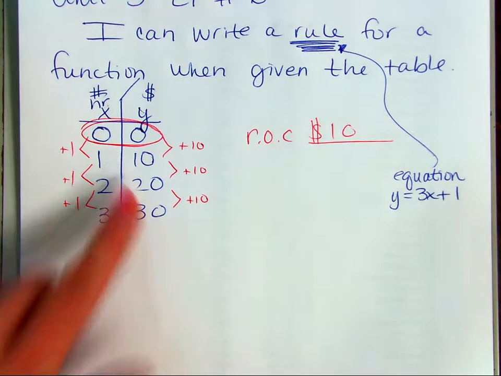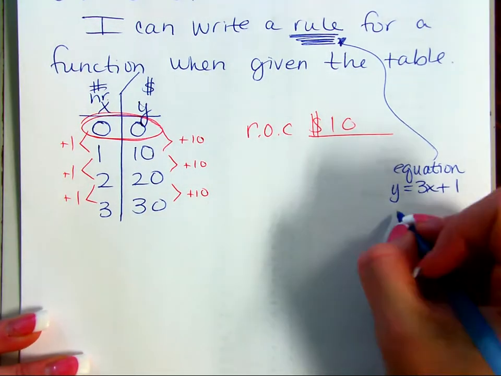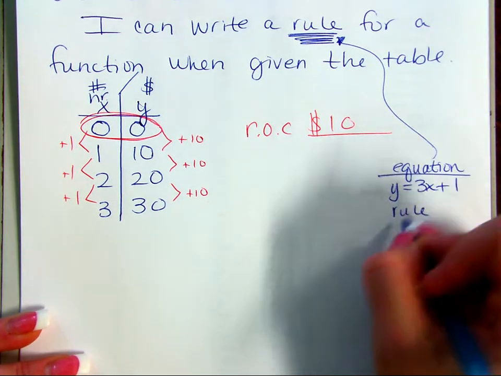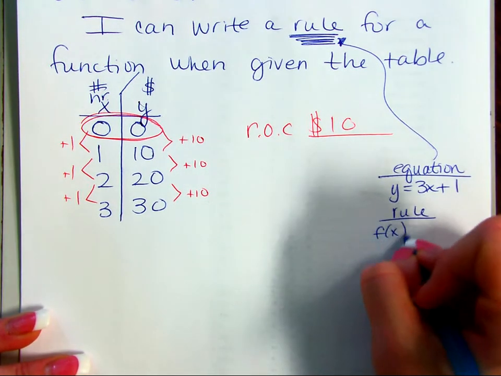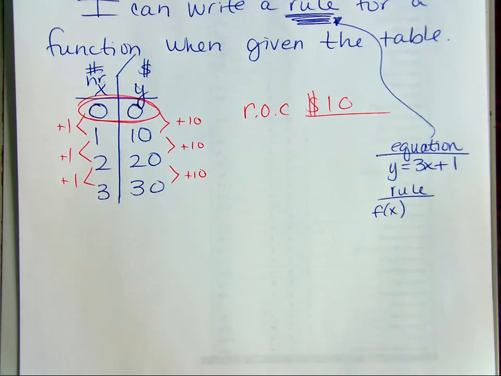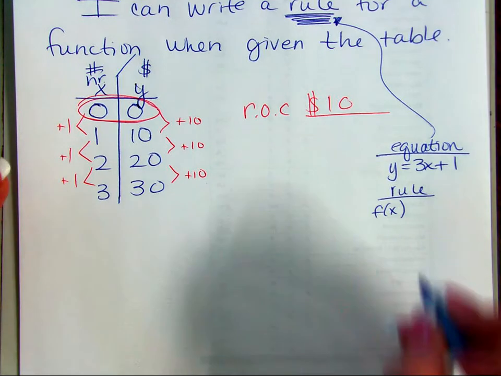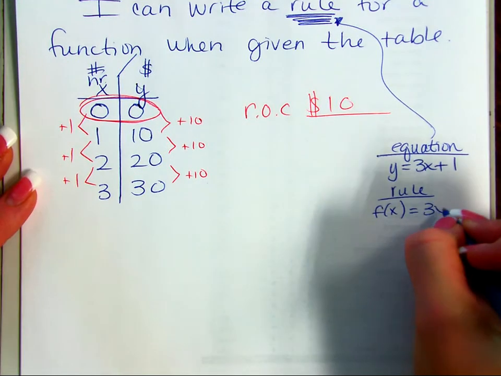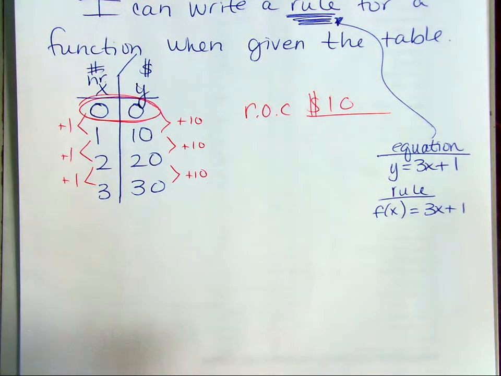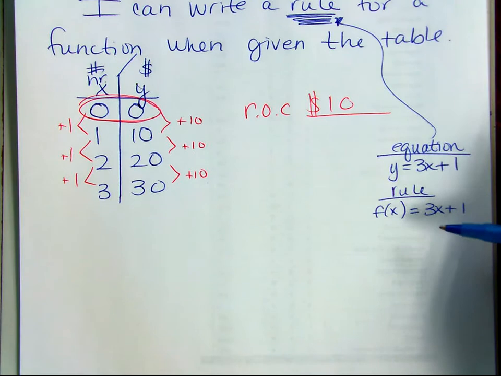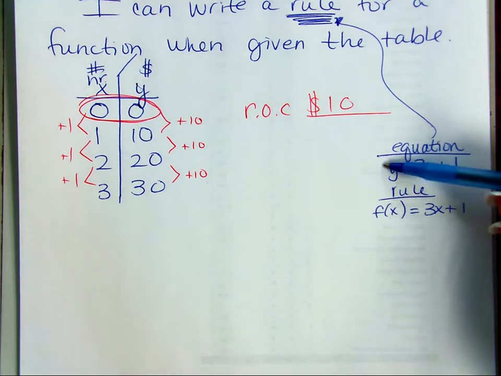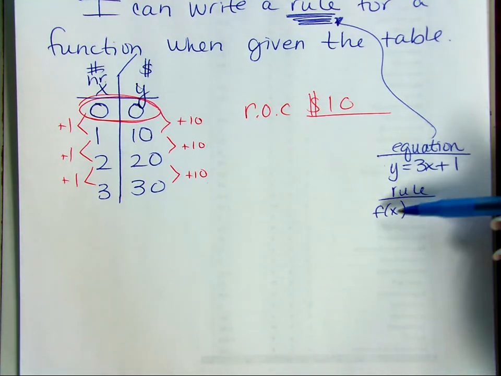I just made that up. It has nothing to do with that. However, the rule for the function would be not y, but this is unit 3, and in unit 3 we don't use y. It's a function unit. We use f of x. So do you see the difference between an equation and a rule? The equation includes the y, and the rule includes the f of x.